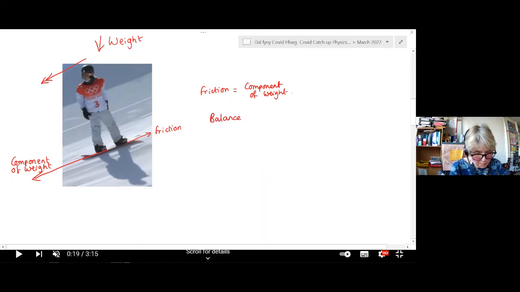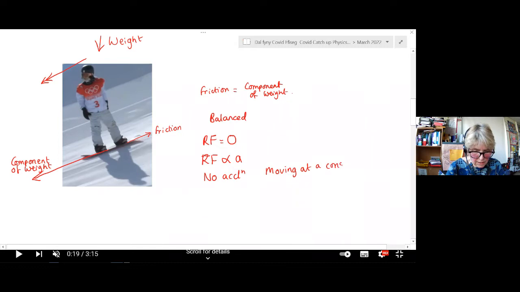He's in dynamic equilibrium, and the resultant force again is 0. Therefore, because the resultant force is proportional to the acceleration, and there's no resultant force, he's not going to accelerate, but he's moving forwards. So that means he's moving at a constant speed.